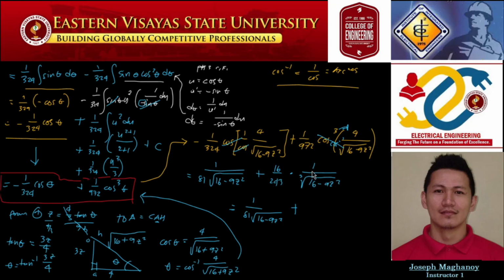We distribute it here. So that would be 16 all over 243 cube root of square root of 16 minus 9z squared plus c. So this is your final answer for your example number 27.